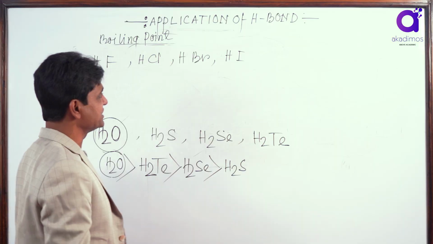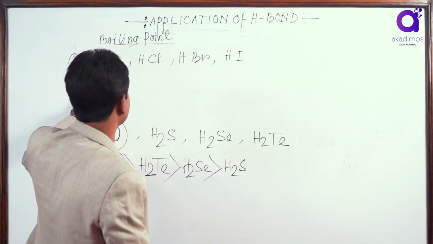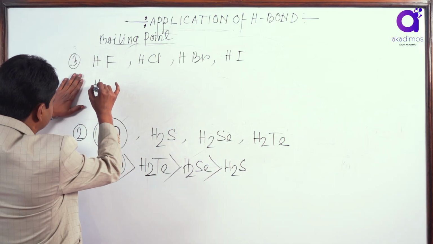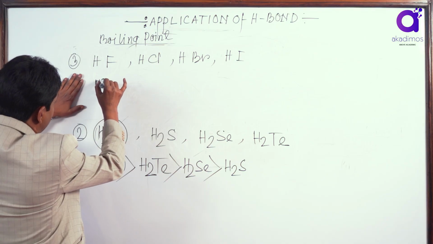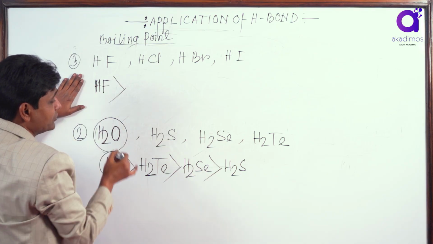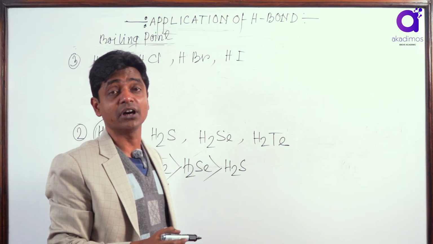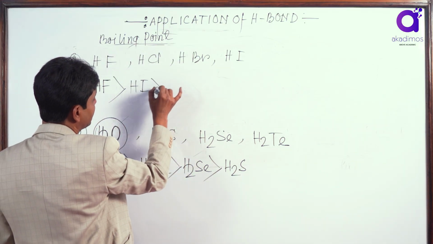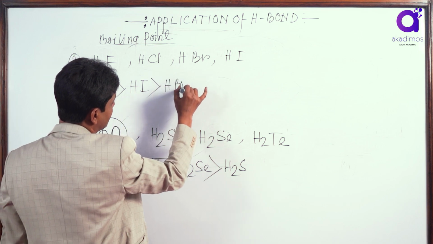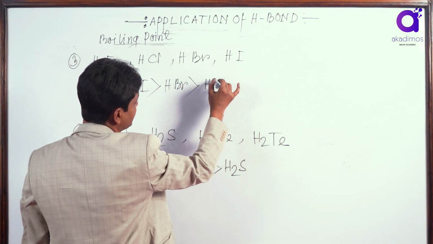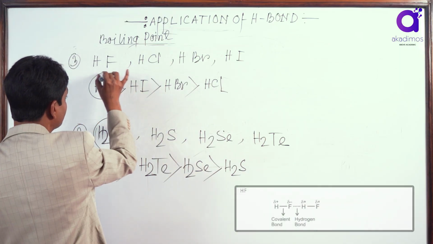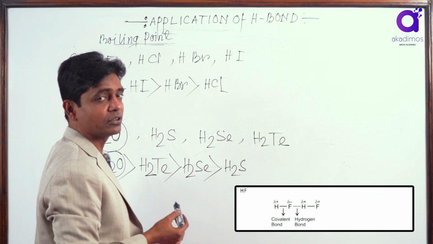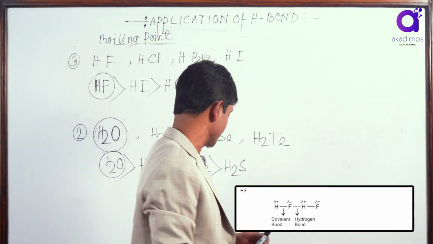On the basis of size, HI should be highest and HF should be least, but the boiling point of HF is abnormally highest due to effective intermolecular hydrogen bond. HF is greater than HI, greater than HBr, greater than HCl. This is abnormally highest due to intermolecular hydrogen bond.